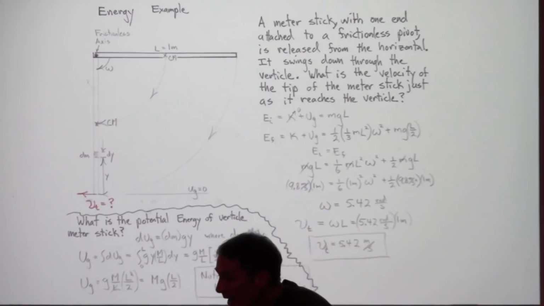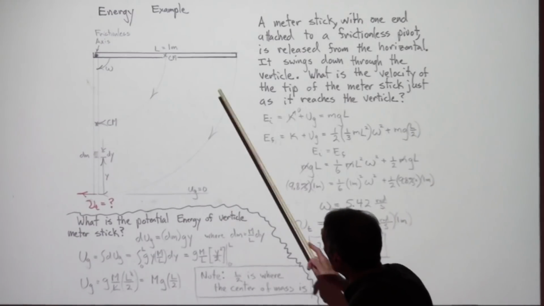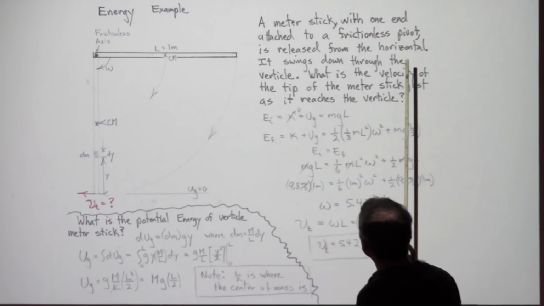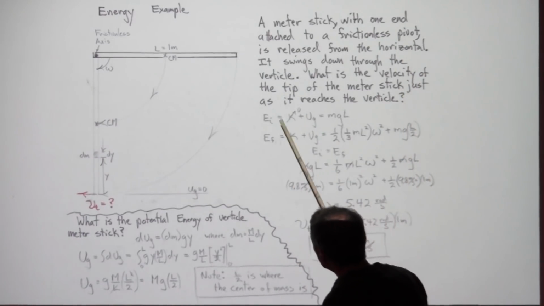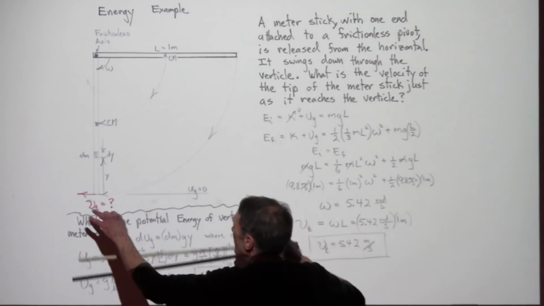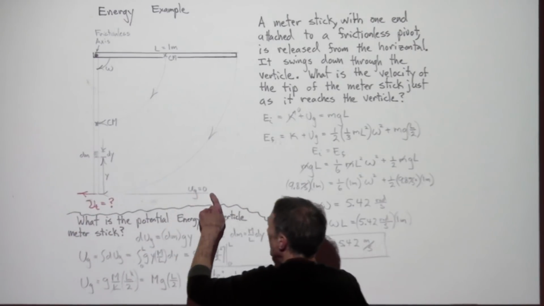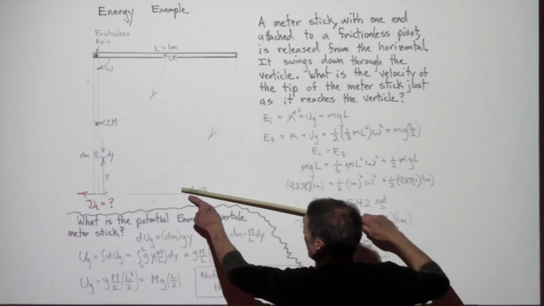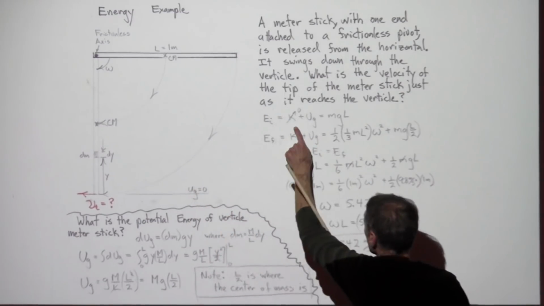And so there's some subtlety in this problem, though. When we start up here, we'll use energy as an example. I'm going to make the very bottom here gravitational potential energy 0. So we can look at the potential energy initially.